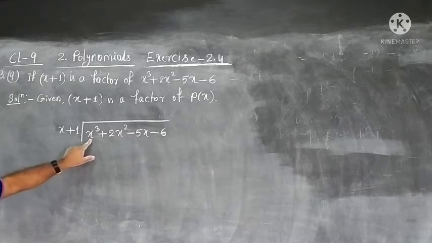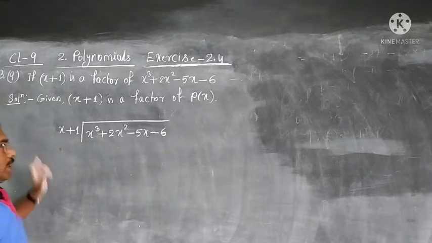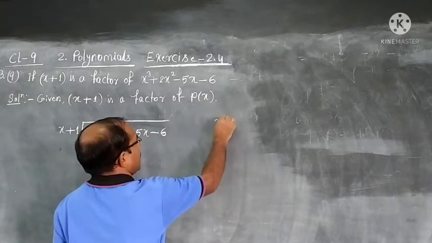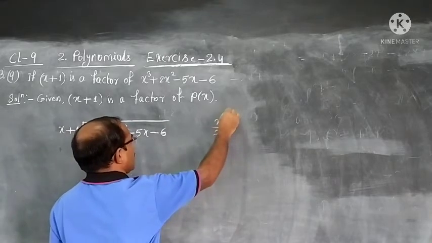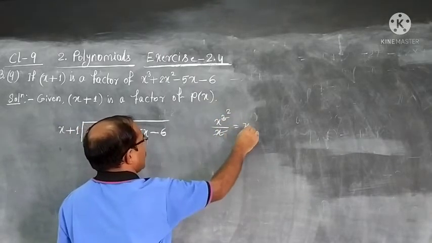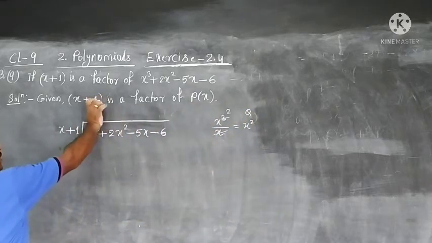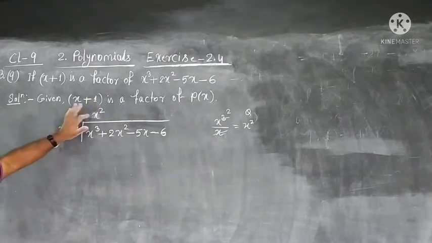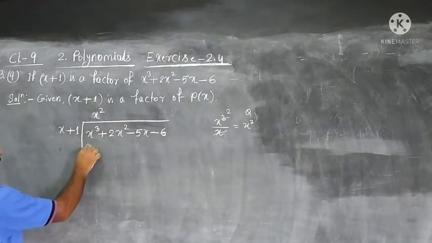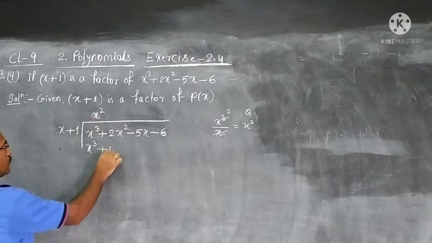Whenever you look at the division, what comes to your mind first? To get the quotient we need to divide x cube by x, the first terms of dividend and divisor. We get x, 1x cancels, x square will be the quotient for the first step. Now multiply x into x square, we get x cube plus 1 into x square, plus x square.